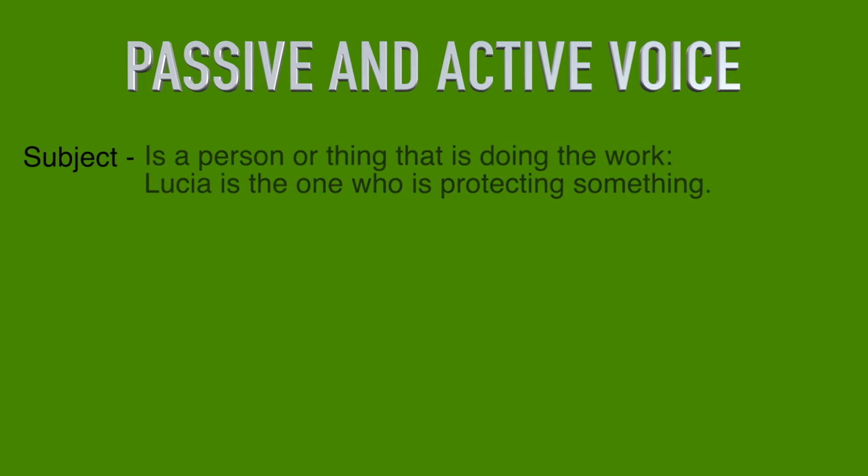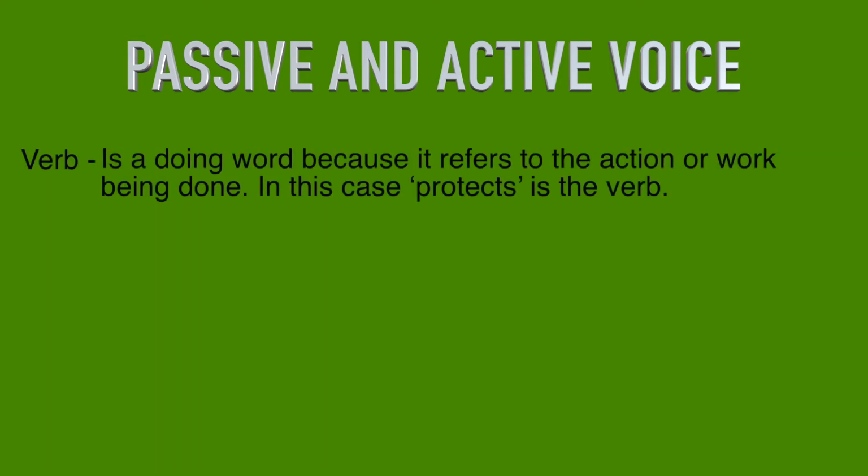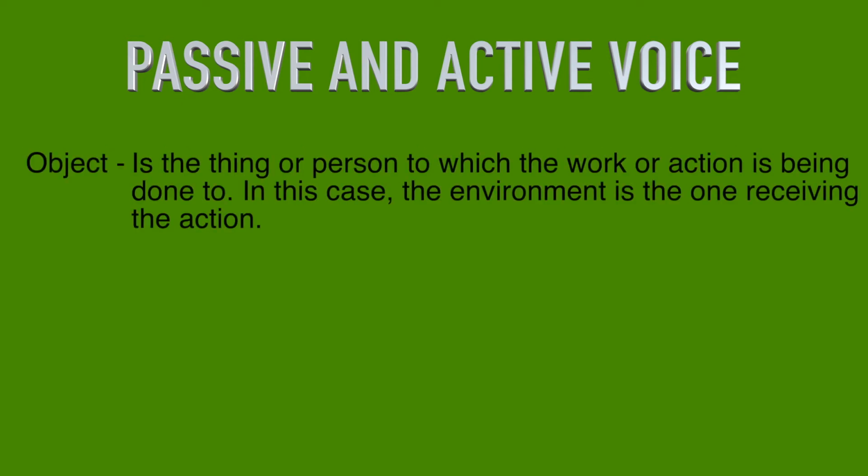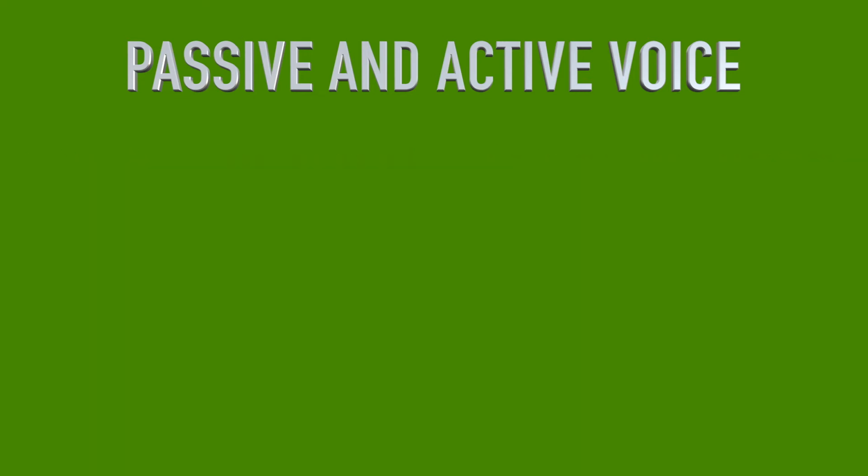So, a subject is a person or thing that is doing the work. Lucia is the one who is protecting something. A verb is a doing word because it refers to the action or work being done. In this case, protects is the verb. An object is the thing or person to which the work or action is being done. In this case, the environment is the one receiving the action.